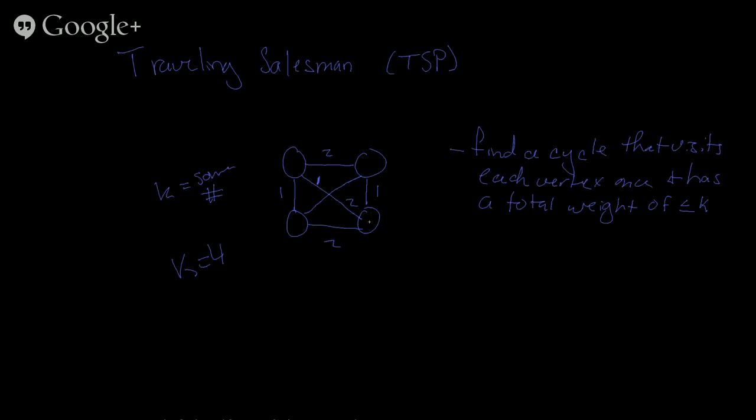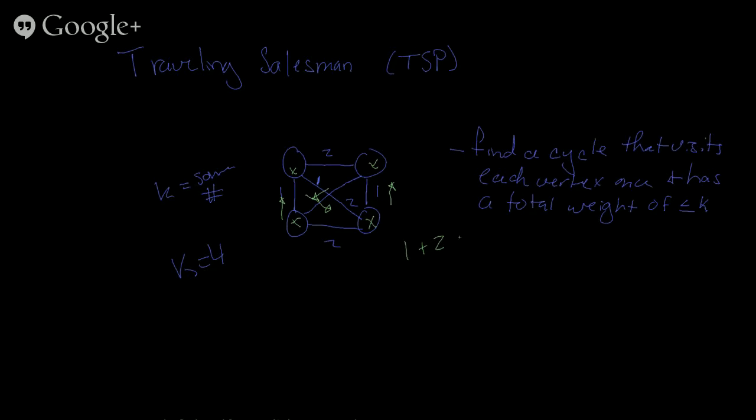So let's say that we start here, and we're going to go here, and then here, and then here. So let's just say we do that. That's going to give us 1 plus 2.